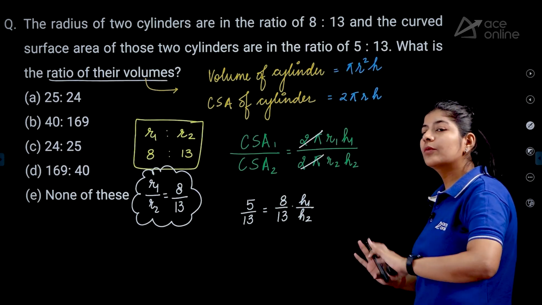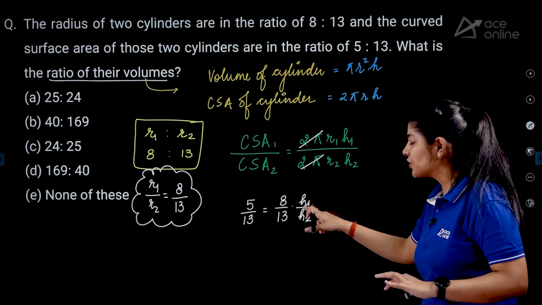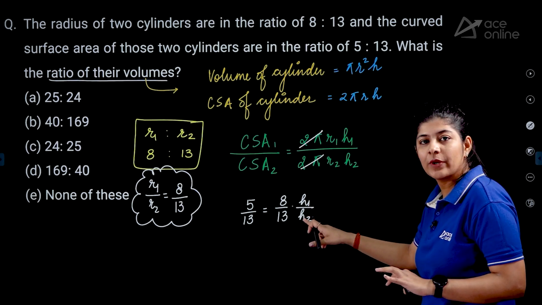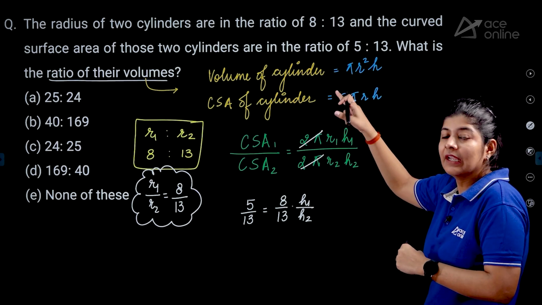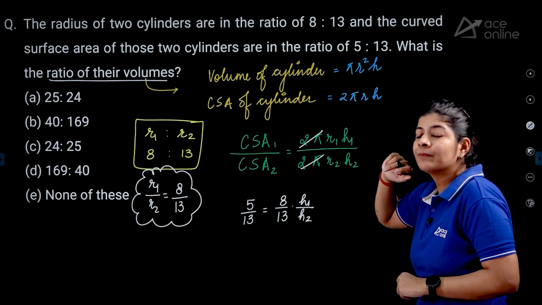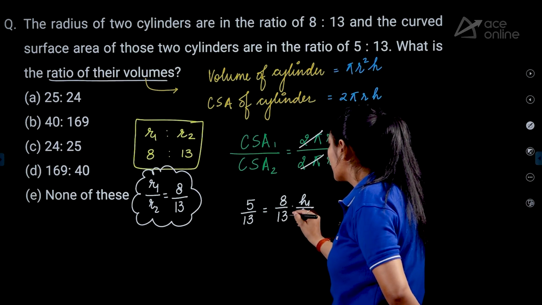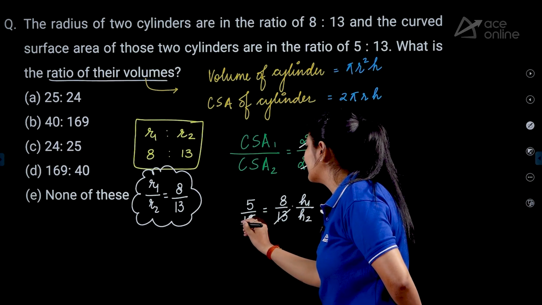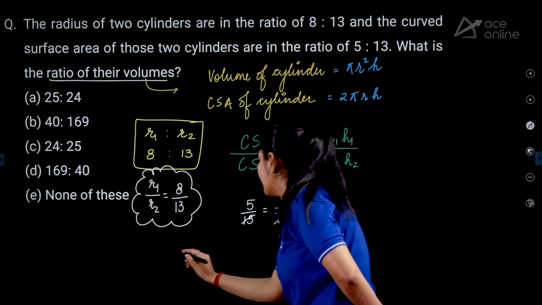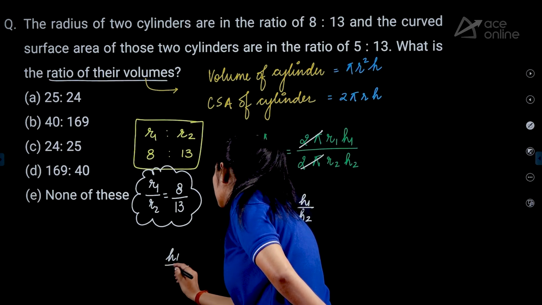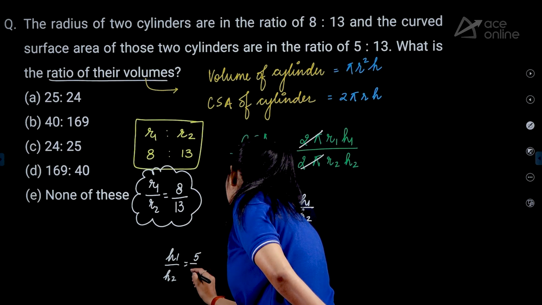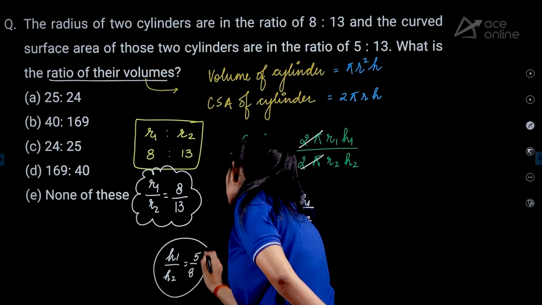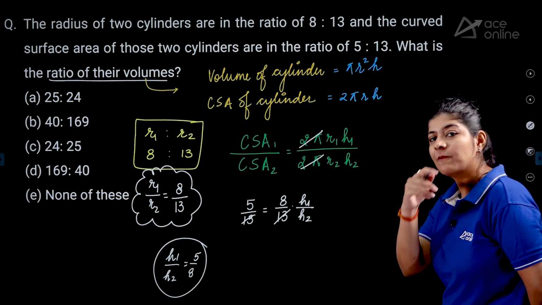Currently here we are only dealing with H1 just to find H1 by H2, so that we can put the value over here and find the ratio between the volumes of the cylinder. So we can simply eliminate this 13 and this 13 here. We are getting H1 upon H2 as 5 by 8.